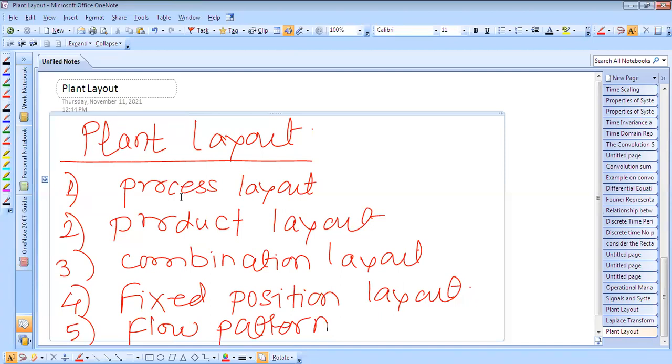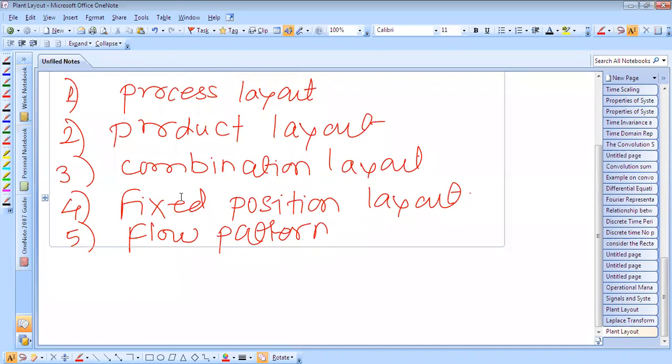So all lathe machines will be at one place, all the milling machines will be at one place, and all the other machines will be arranged at one place. So every plant layout has its advantages and disadvantages.